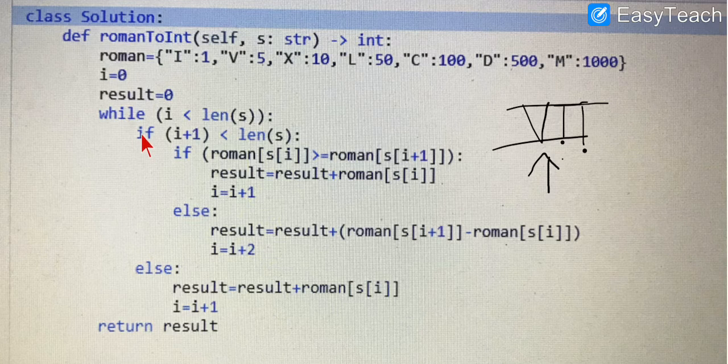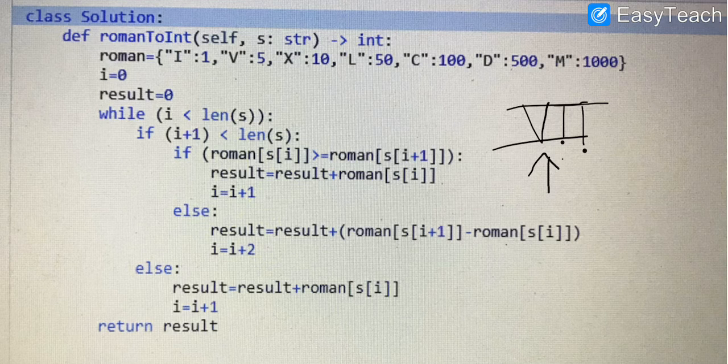Suppose think for a second that this if condition is not there. If we directly go into this condition, because we have to check whether the exceptional case is being carried out or not, to carry this if else part, we have to access s of i plus 1.